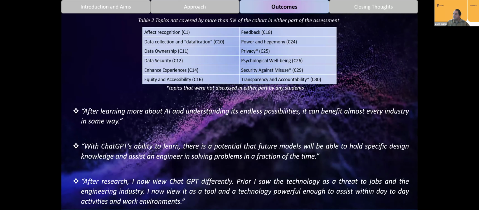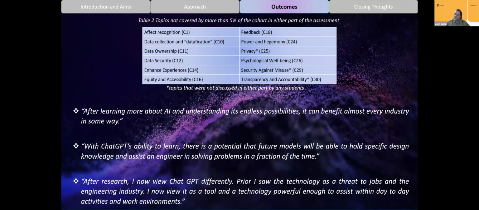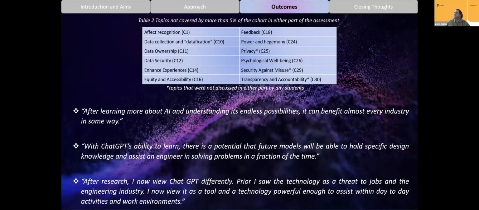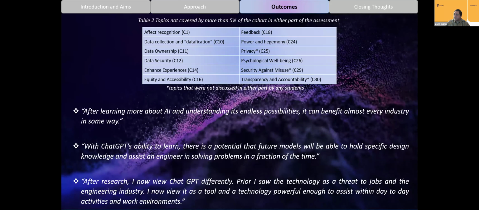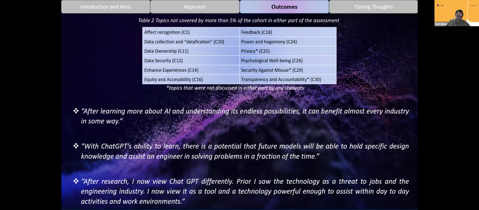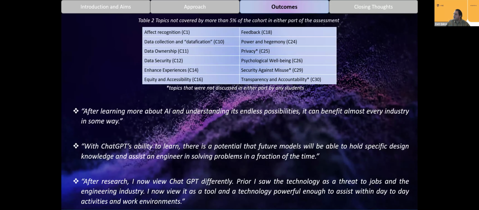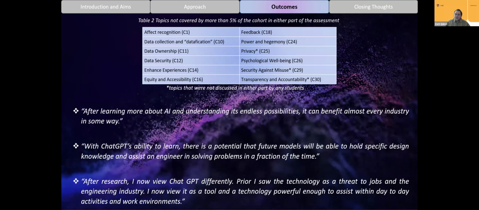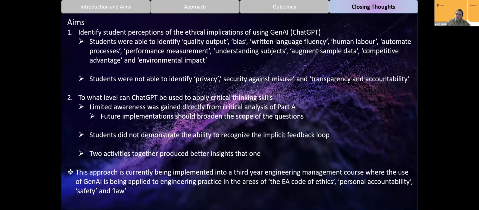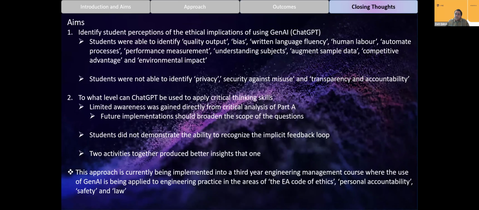They were thinking about it as a tool, and about how it could help them, rather than "it's going to replace me" or "it's going to do all the work for me", which was an incredible outcome, because one of the ideas from this project was to get students familiar and accepting of this new technology, because there's no getting rid of it.